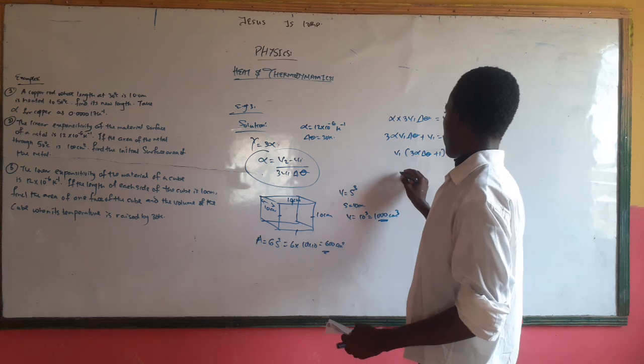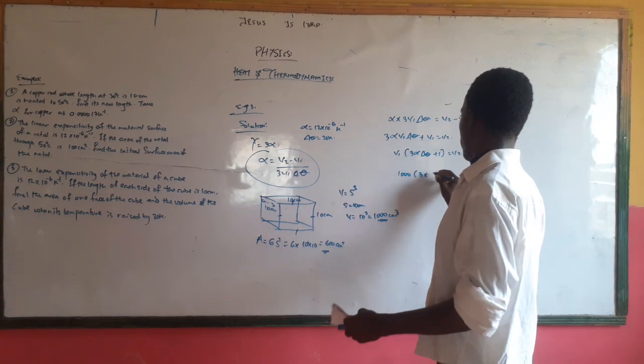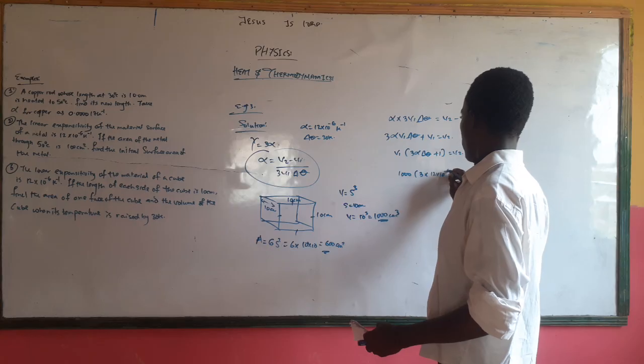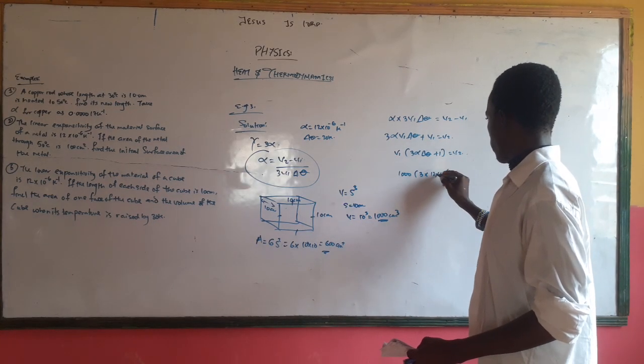So V1 is 1000, multiplied by the bracket of 3 multiplied by 12 times 10 to the power minus 6, multiplied by 30 Kelvin, plus 1. This is multiplication.